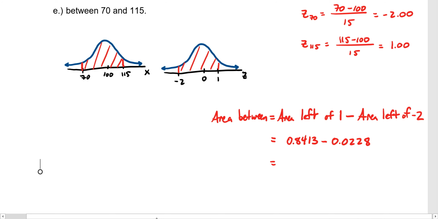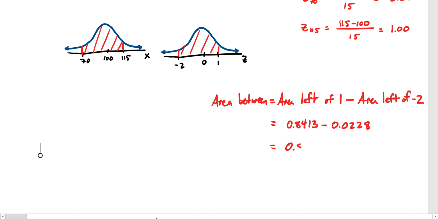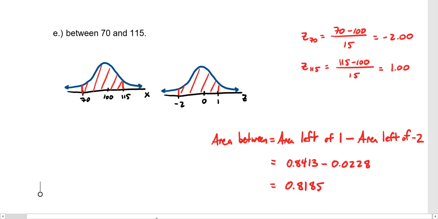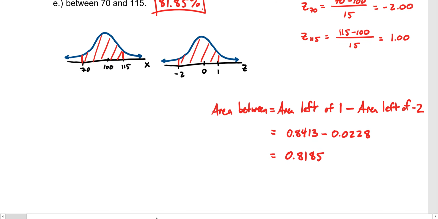And now subtracting these, we end up getting 0.8185. Alright, that makes a lot more sense. So this answer as a percentage is 81.85%. So about 82% of the IQs are between 70 and 115. Alright, let's do one more question here.